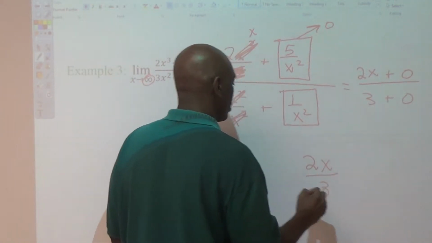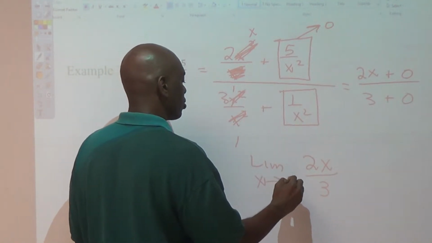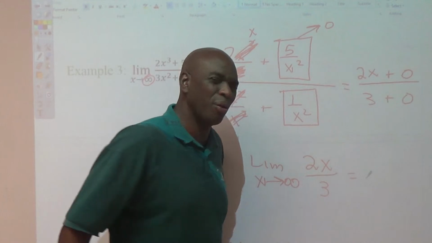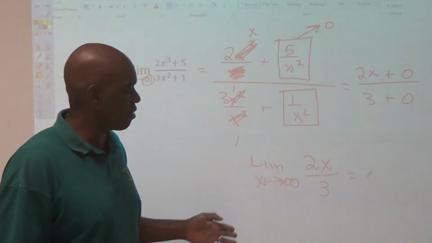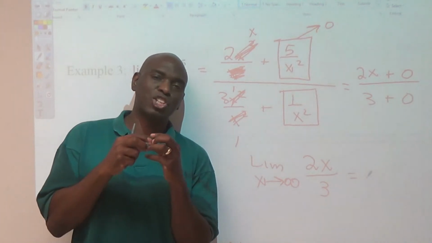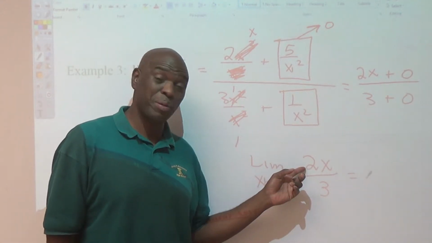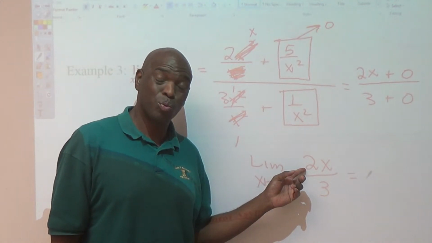So I'm going to have now 2x over 3. The limit as x gets very large. What does that equal? Well, in this case now, as x gets larger and larger and larger, if I multiply it by 2, wow, imagine that.